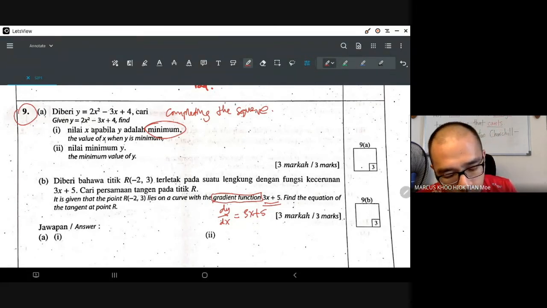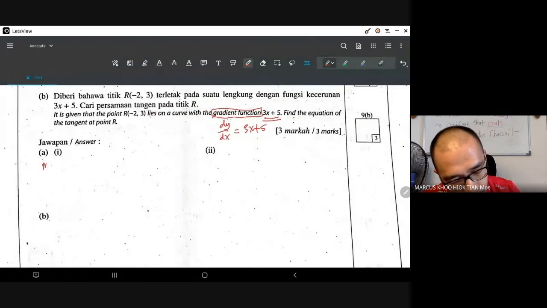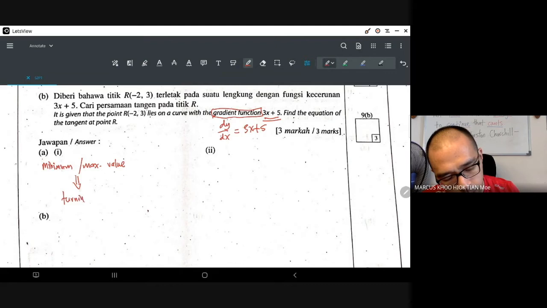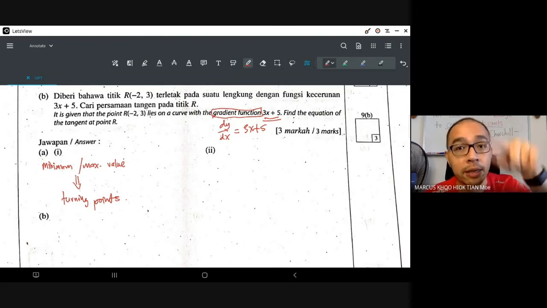And what do we know about the minimum value when we are talking about differentiation? Let's talk about this first. Minimum or maximum value points, coordinates, are also known as turning points.